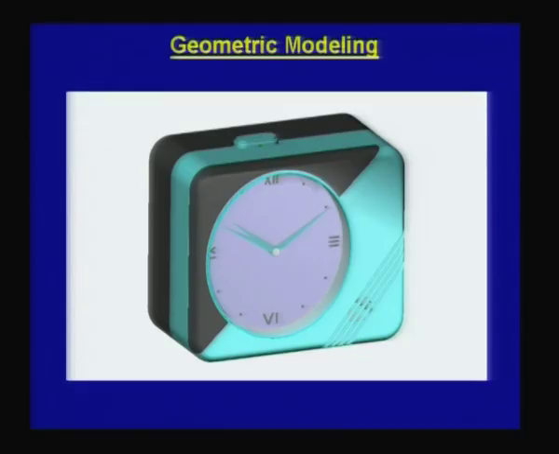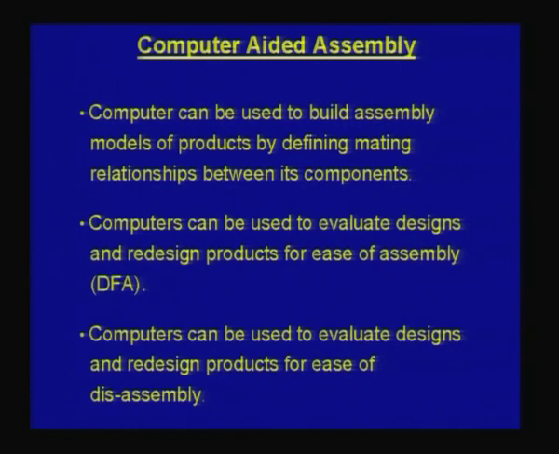Here is another example of a geometric model, and this is a product which consists of a number of components which are put together, and what you are seeing is only one view of the model which is developed. Now, computer applications are not restricted to purely representing the component geometries alone, but they go one step further, where many components can be put together to represent a product assembly.